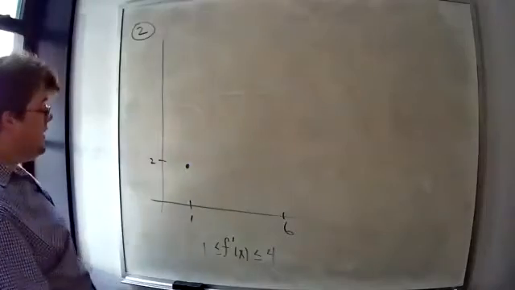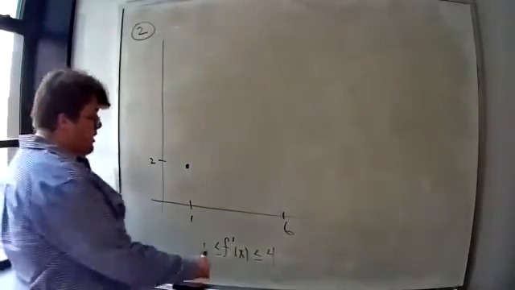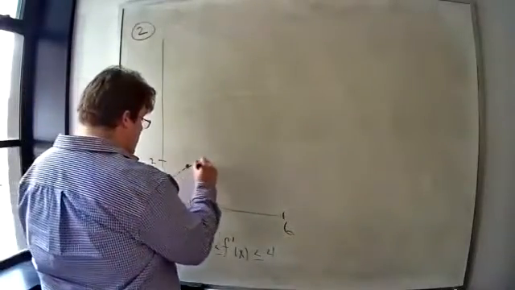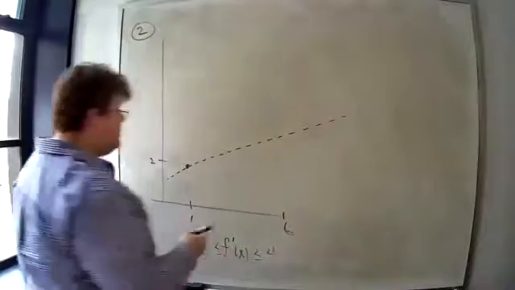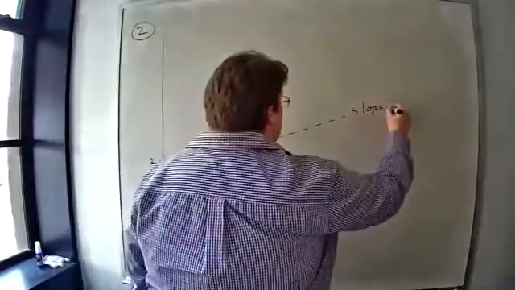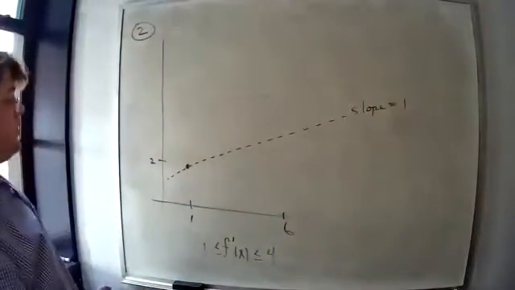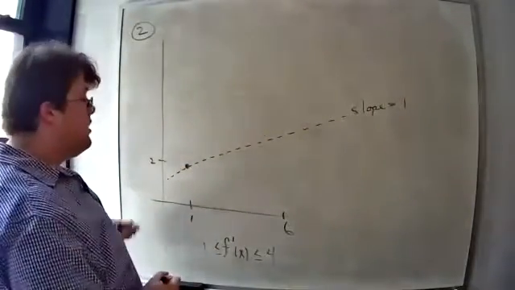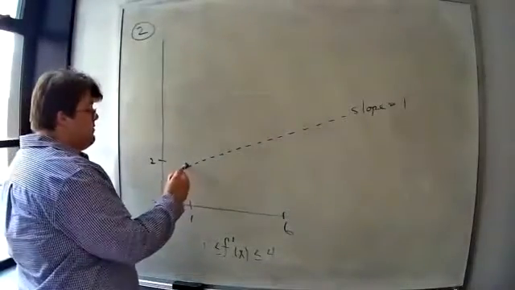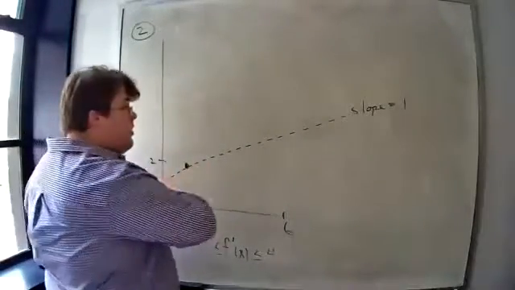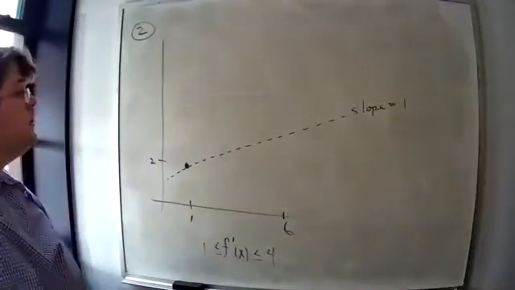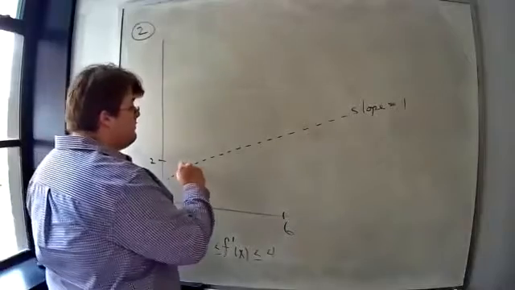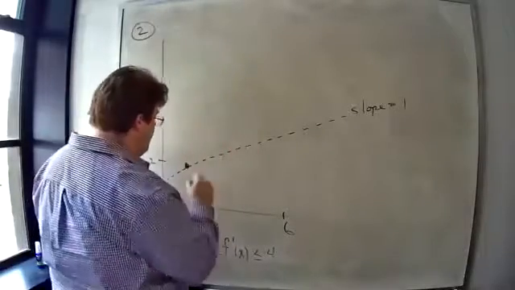So that means slopes of tangent lines are at a minimum 1 on this interval 1 to 6, which means if we take this line, let's say that line has slope 1, and we go through this point. Well, whatever this function is, it's continuous, so it's going to go through this point, but it can never go below this line. If it did go below this line, there are a few different ways it could go under the line.